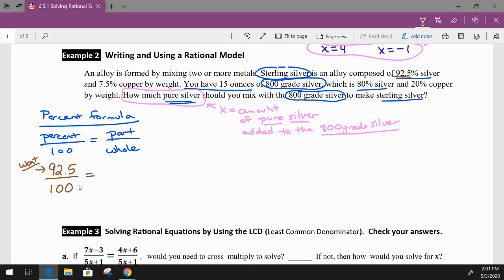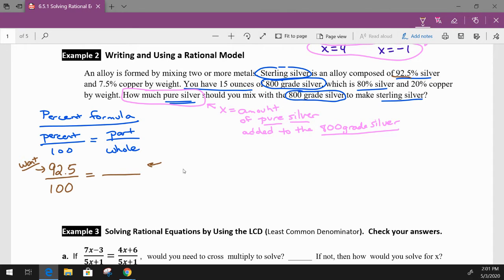Now, what we need to figure out is what we have. So we have 15 ounces of 800 grade silver, but that is only 80% silver.